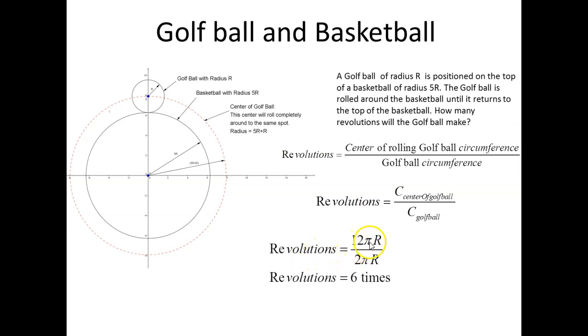So we get 12 pi times r divided by 2 pi times r. 12 pi times r is the circumference of the red dotted circle, and 2 pi times r is the circumference of the golf ball. If we divide 2 pi times r into 12 pi times r, we get 6 revolutions, because the r's cancel, the pi's cancel, and 2 goes into 12 6 times.